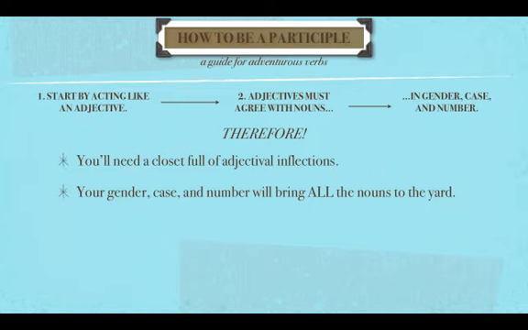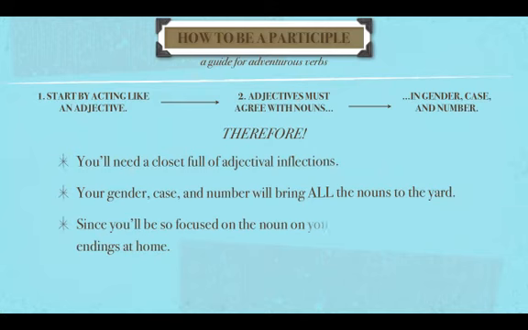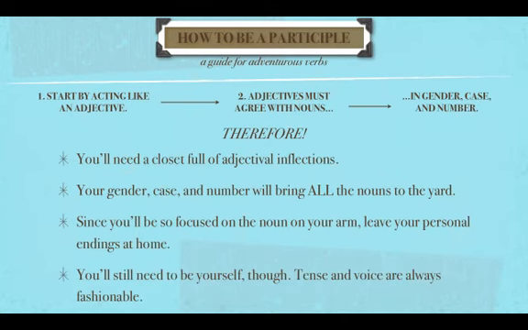So you're going to need gender, case, and number so you can agree with all those nouns that you're going to hook up with. But you're not going to need any personal endings at all, so you can just leave those off. But you will still have tense and voice. So you're going to have tense and voice from the list of things that verbs do, and all the things that nouns do, which are case, number, and gender.